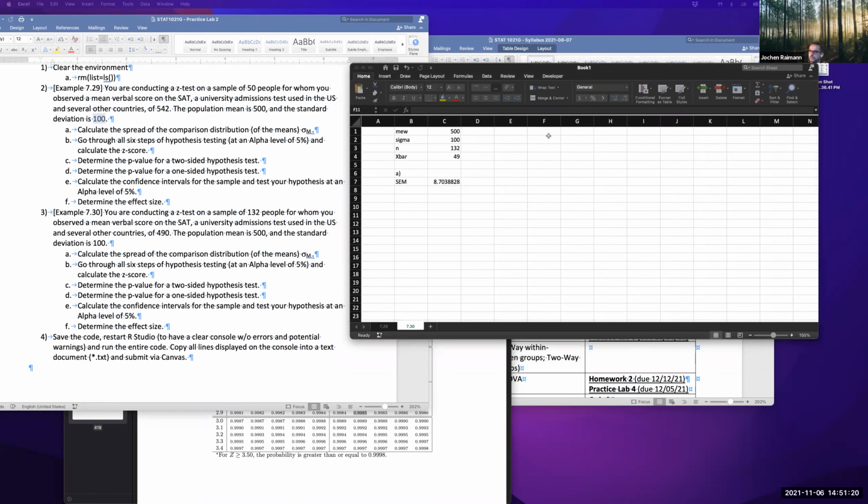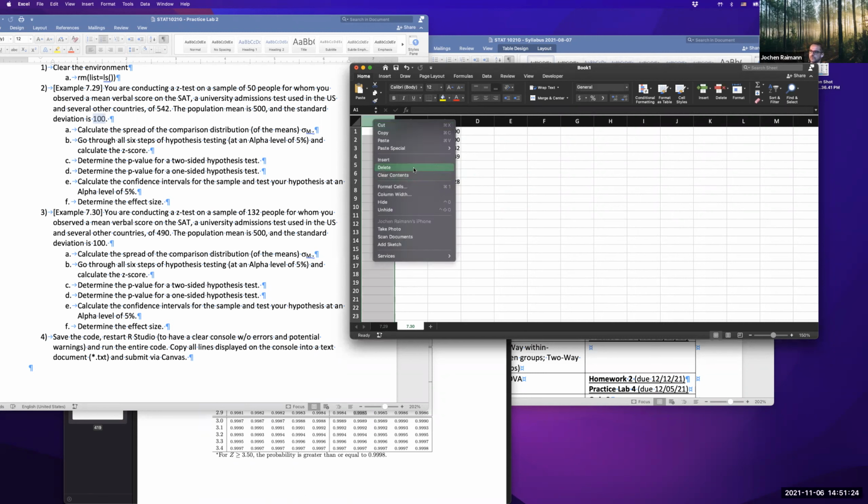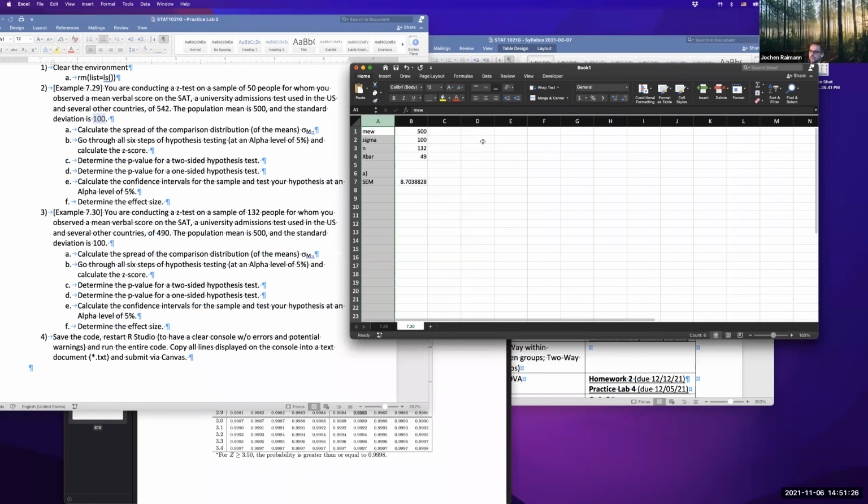We have step 1, we're defining our populations. 132 US students going through all 6 steps.